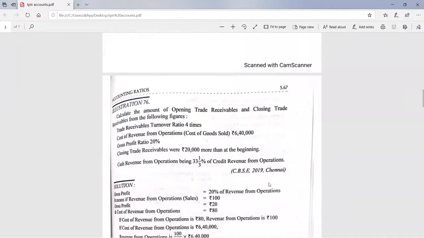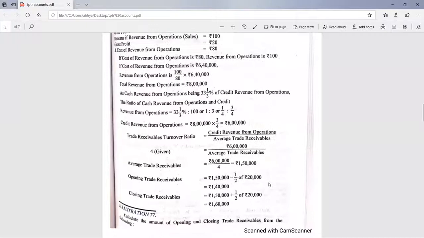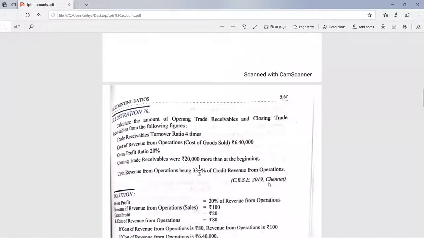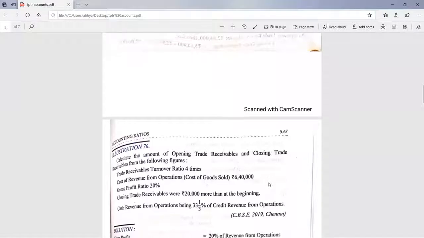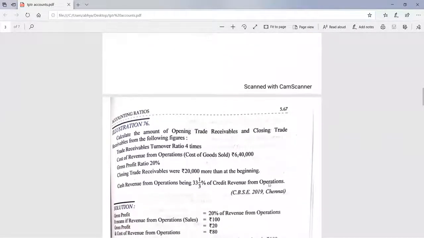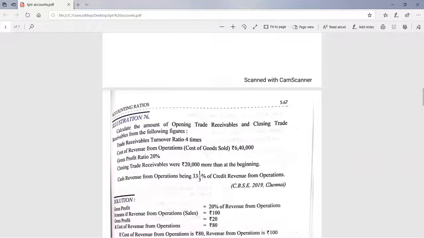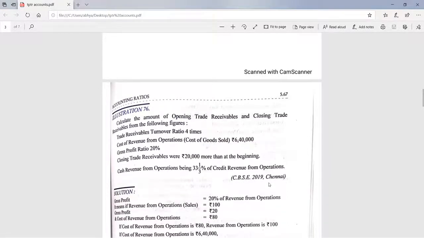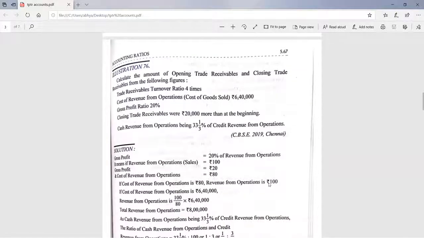The next question was, I think, question number 76, and as you can see, this question came in the 2019 exams. Here trade receivable turnover ratio is 4 times, cost of revenue from operations is 6,40,000, GP ratio is 20%.